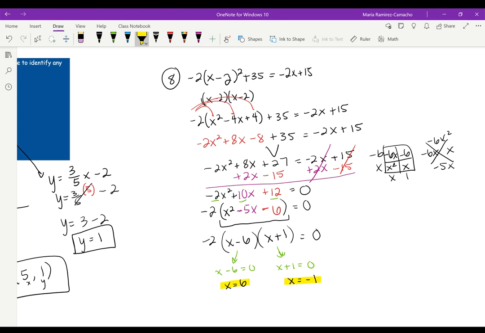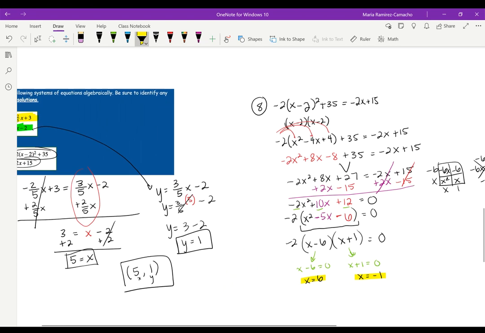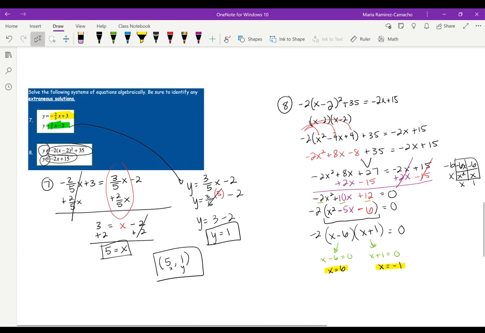Again, just like with number 7, since we're dealing with two variables, the original equations had x and y, we still have to find y. So we're going to take either one of the two original equations and plug in x to find y. I'm going to pick this one, y equals negative 2x plus 15.